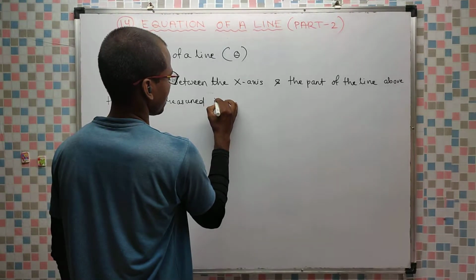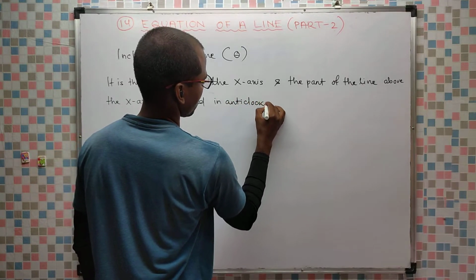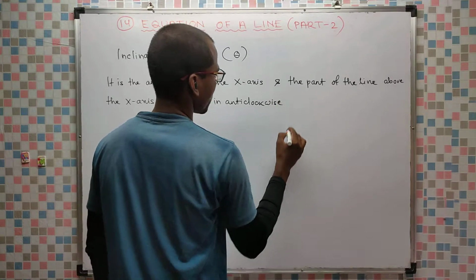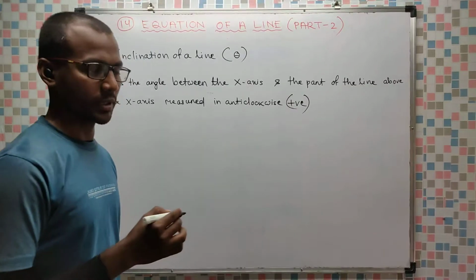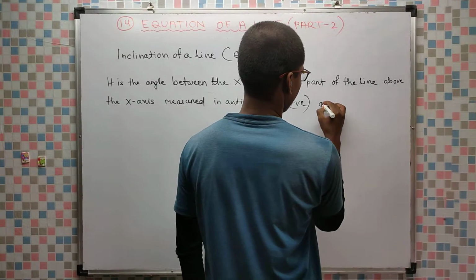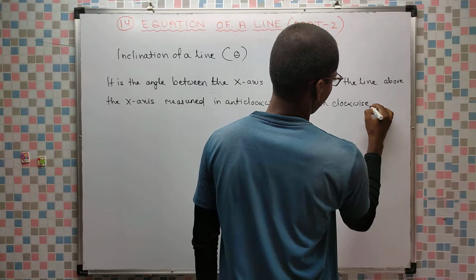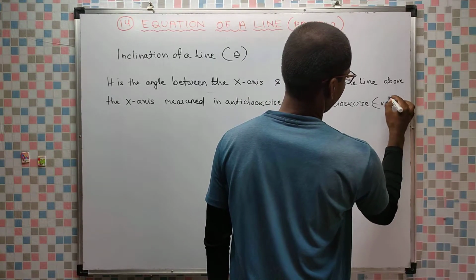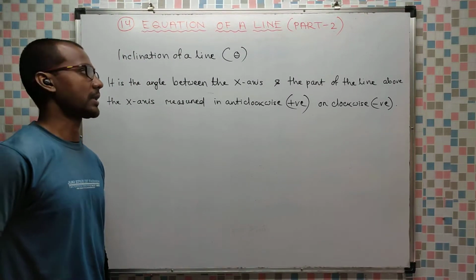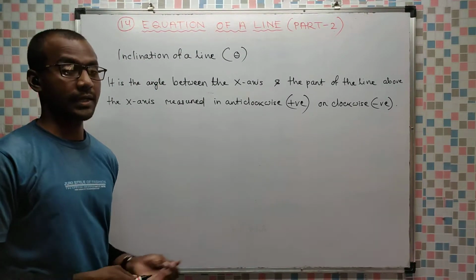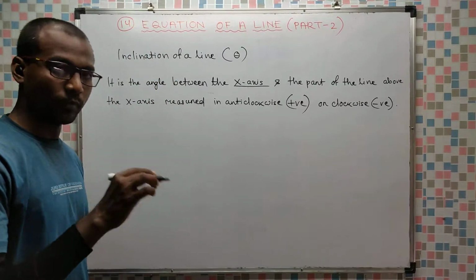measured in anti-clockwise, which is taken positive, or clockwise, which is taken negative. So remember, the inclination of a line theta is the angle between the x-axis and the part of the line above the x-axis.